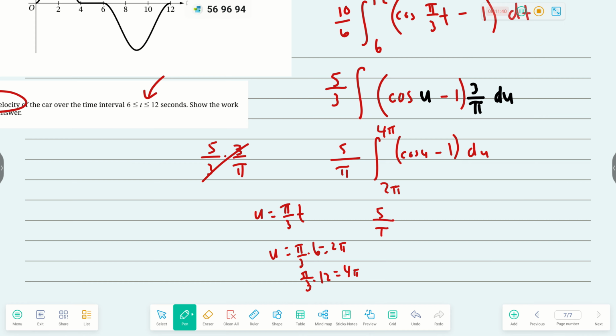So now I've got 5 over pi. The antiderivative of cosine is sine, right? The derivative of sine is cosine. So we got sine of u, and we're now in u world, so minus u. And we're going to evaluate that at 4 pi and 2 pi.